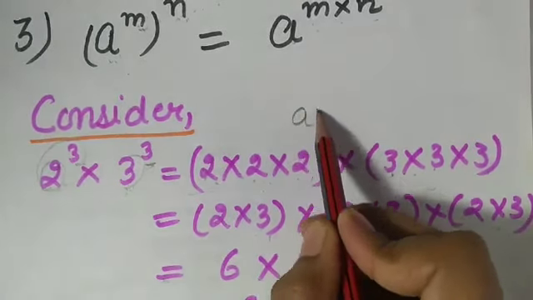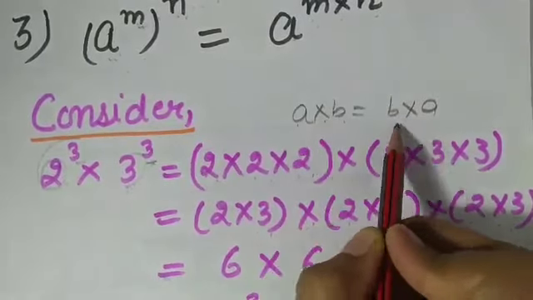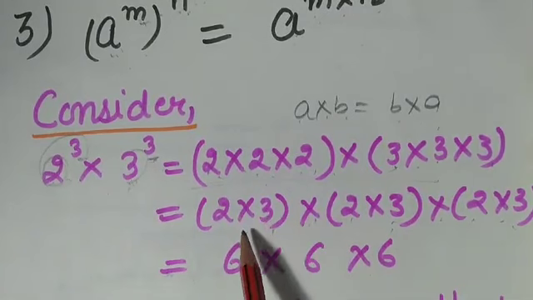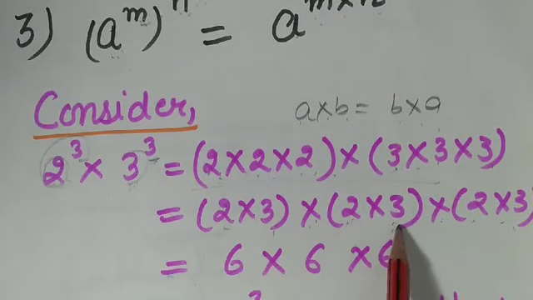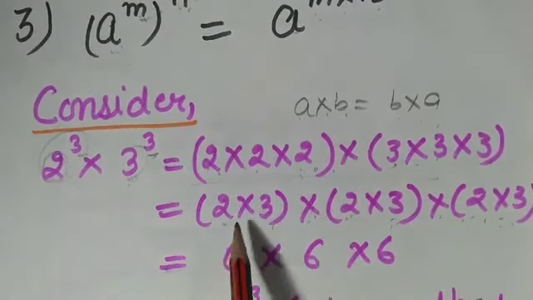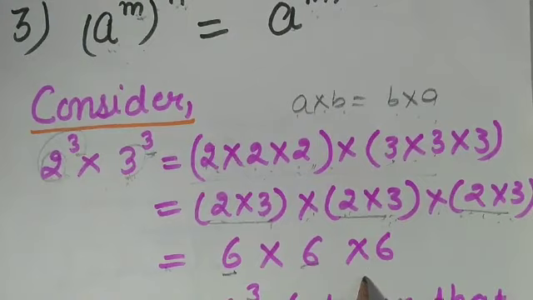We can interchange their order as multiplication always follows the commutative law. This we have learned: a cross b is equal to b cross a, a into b is equal to b into a. So the same thing I am applying here, 2 into 3 into 2 into 3 into 2 into 3. They both are the same thing. Now 2 into 3 is 6, again 2 into 3 is 6, again 2 into 3 is 6.